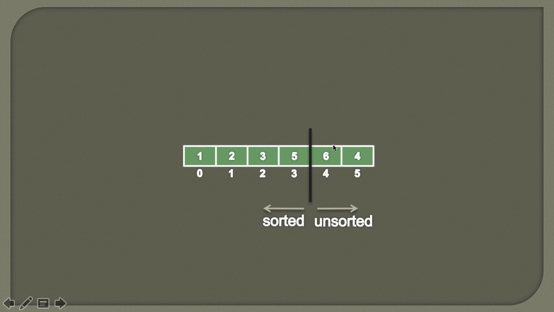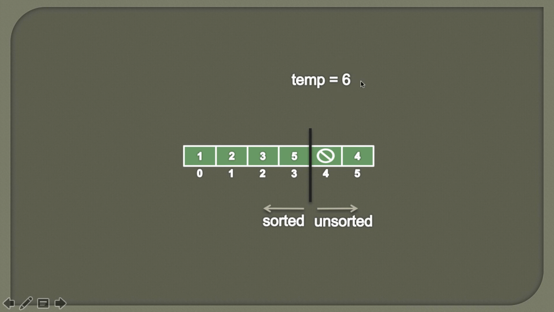So we simply pick the first element from the unsorted part, which is 6. We store 6 into a temporary variable. We create an empty space here and we compare 6 with 5. So as 6 is greater than 5, we know that it must be lying after 5. So after 5 we have this empty space.